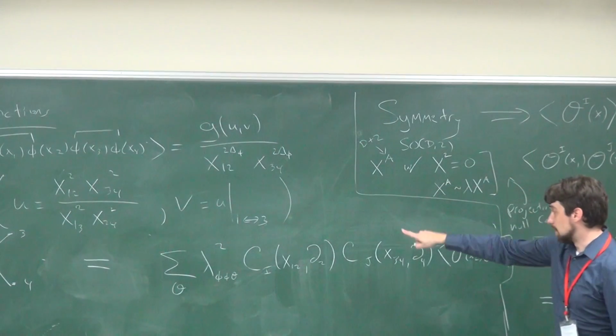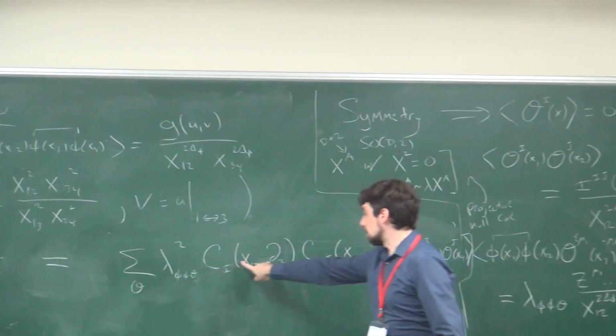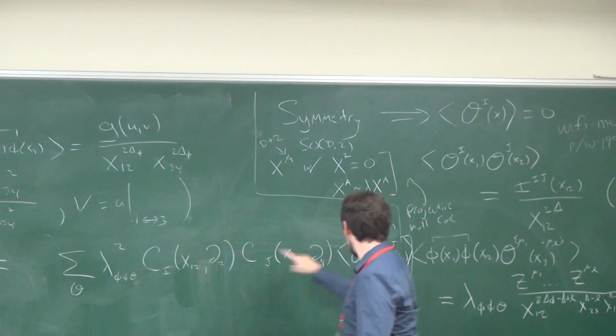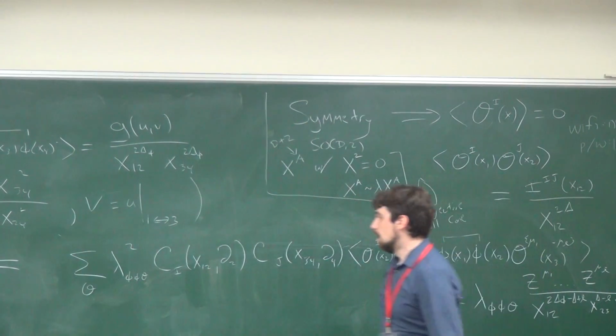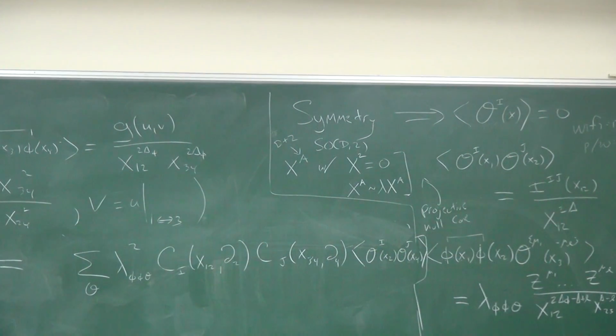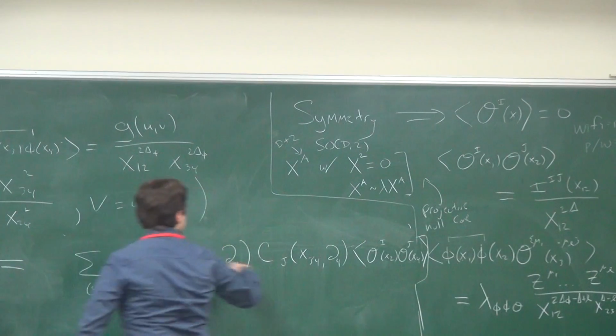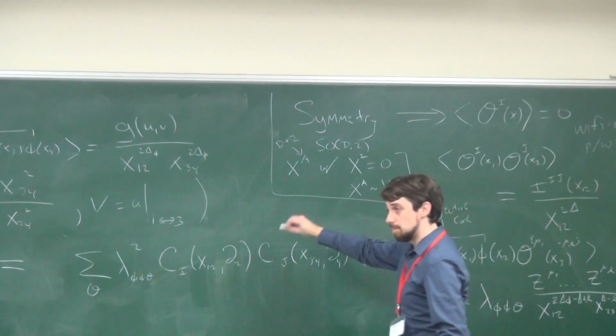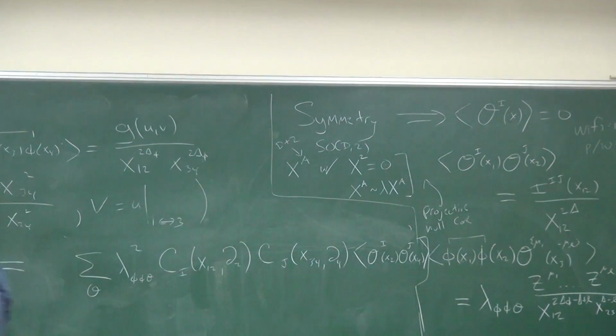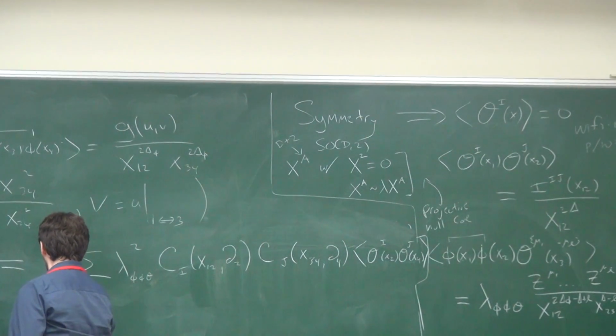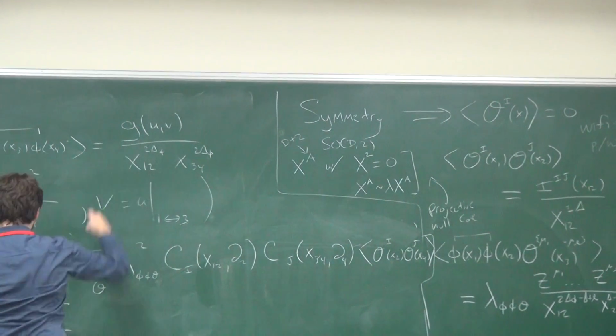I just inserted the OPE twice, so I just have product of C's acting on the 2-point function. But now we know that this object has to have all the right transformation properties to be a 4-point function. So it takes the same form that I wrote up here.